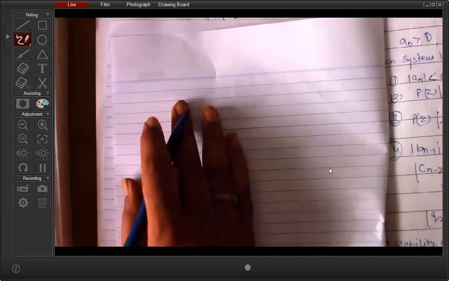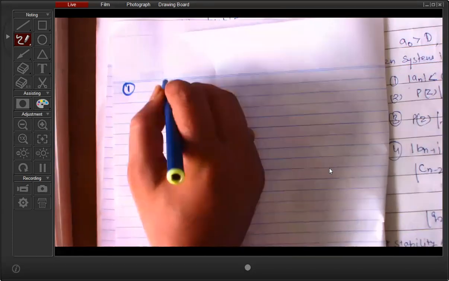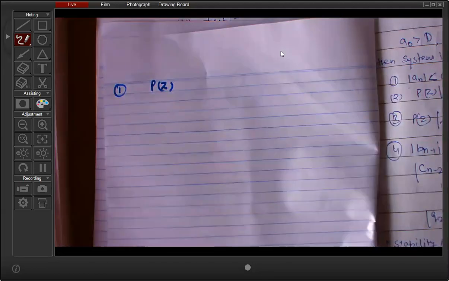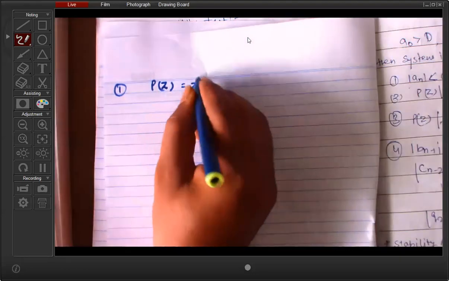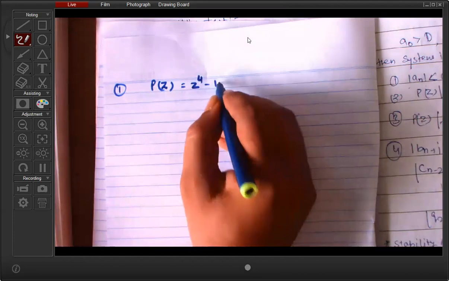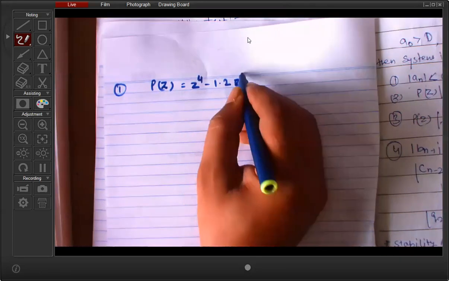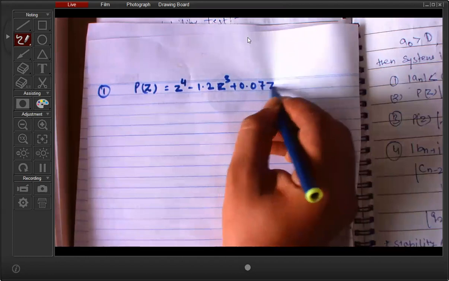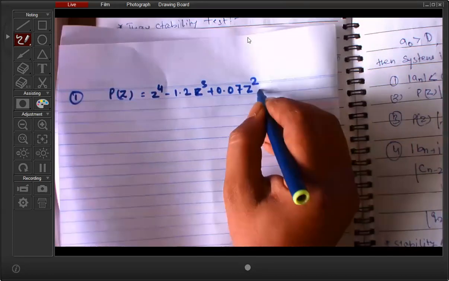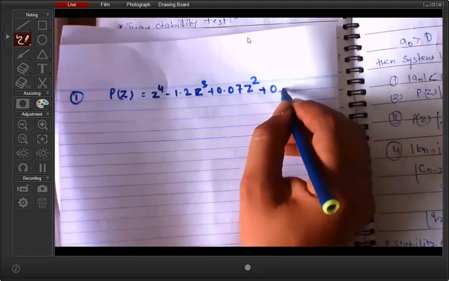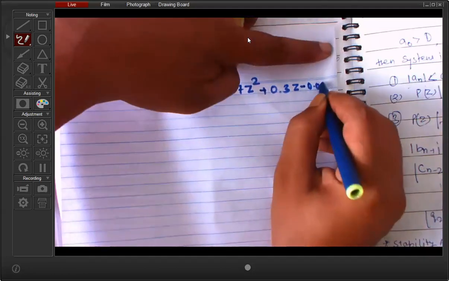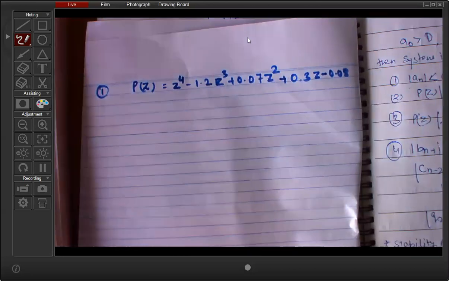First problem, suppose we have one characteristic equation P(z) equal to z to the power 4 minus 1.2 z cubed plus 0.07 z squared plus 0.3 z minus 0.08. So examine the stability of the system.